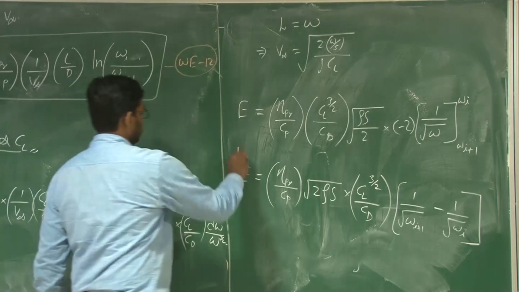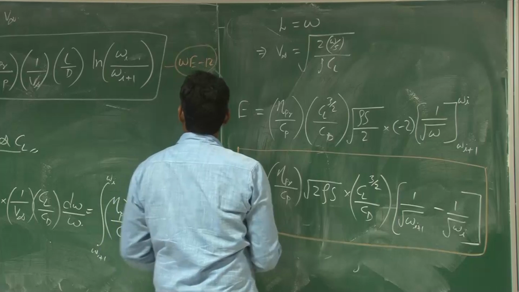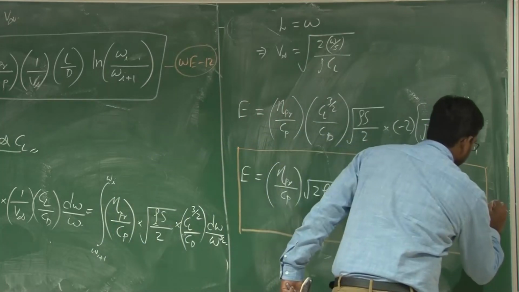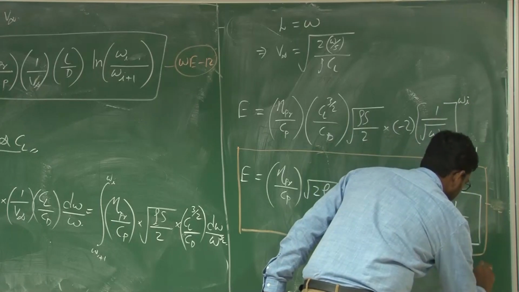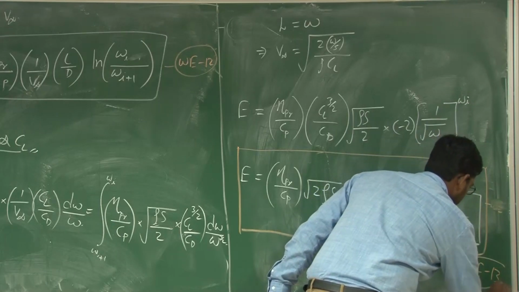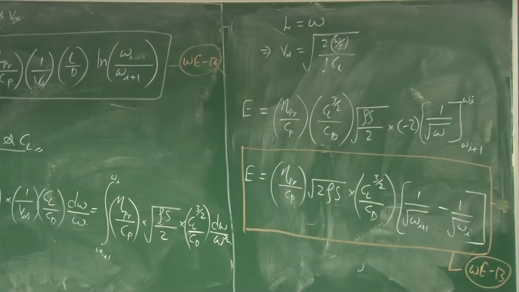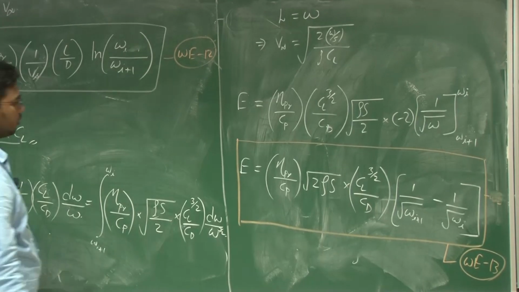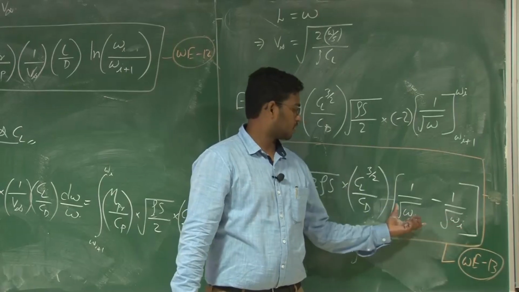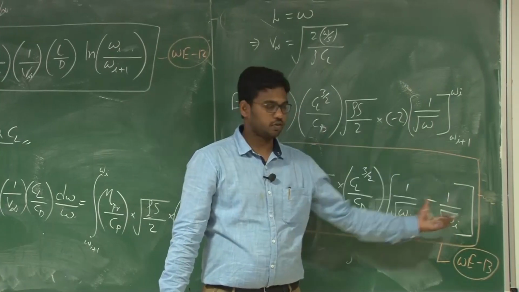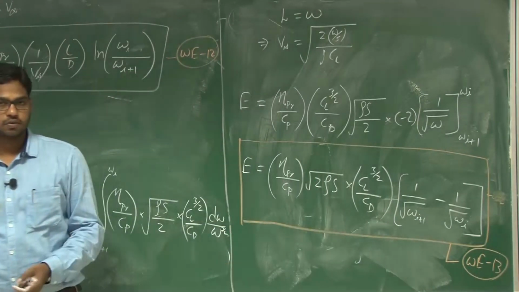This is our equation, weight estimation 13. Wi plus 1 is smaller than Wi, so this quantity is larger than this quantity, so this is a positive value, and everything else is positive here, right.